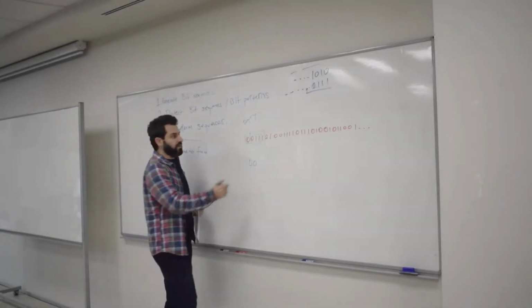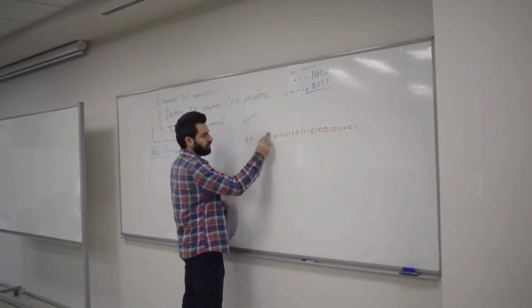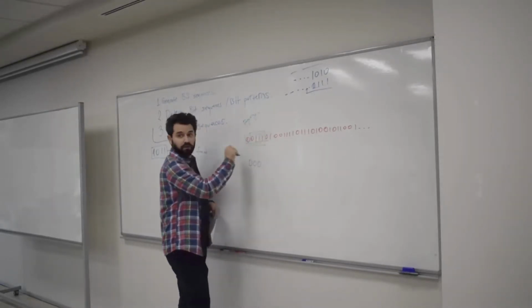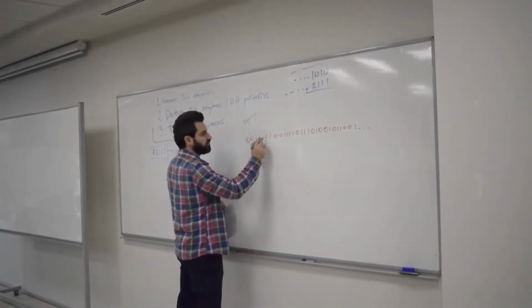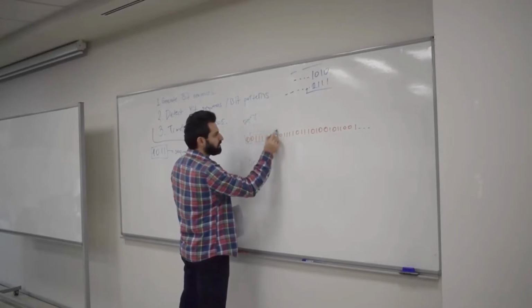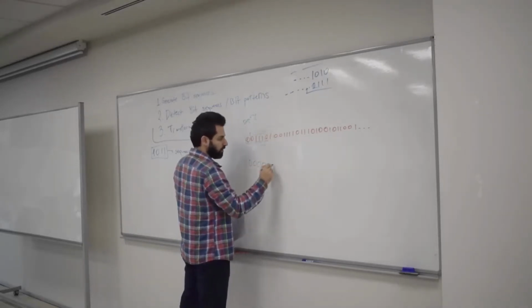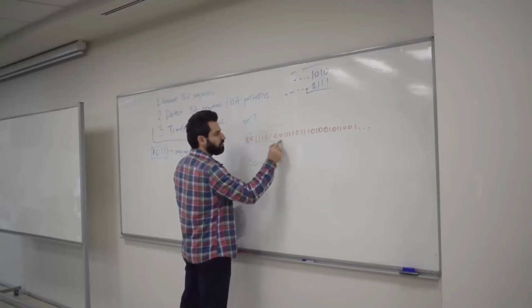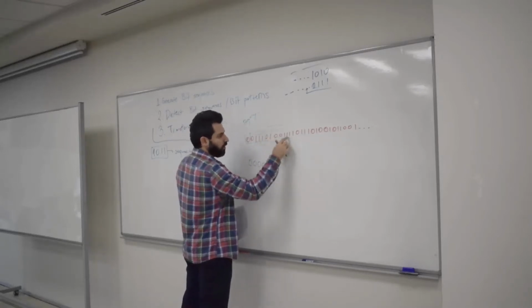Then it moves to here. It's another 0. Move to here, 1, 1, 0, 1. Is this it? No, so it's going to put another 0. Then 1, 0, 1, 0. No. 0, 1, 0, 0. No. Then 1, 0, 0, 1. No. Then 0, 0, 1, 1.